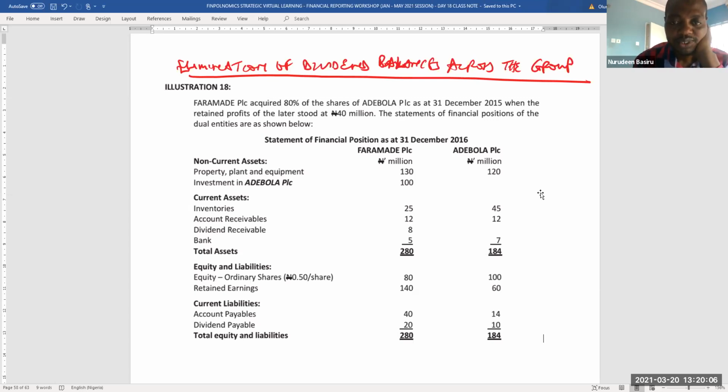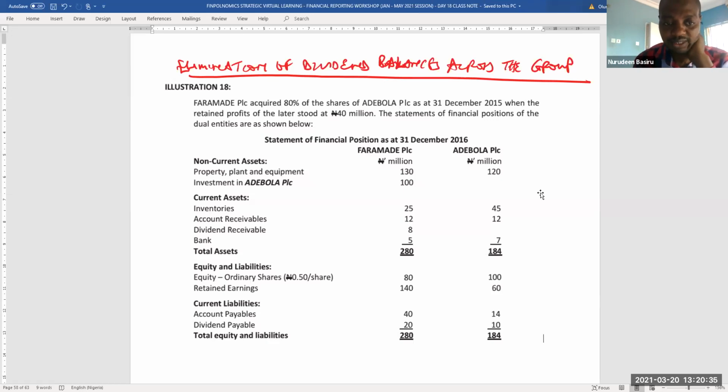Account receivables, 12 million for each. Dividend receivable, Paramade PLC, 8 million. Bank, Paramade PLC, 5 million, Adebayo PLC, 7 million. Total, 280 million for Paramade PLC and 184 million for Adebayo PLC.